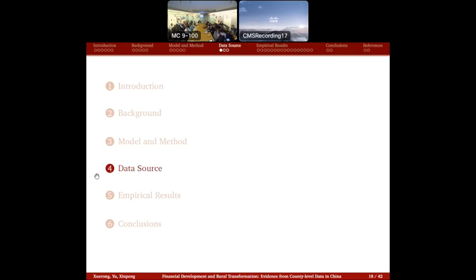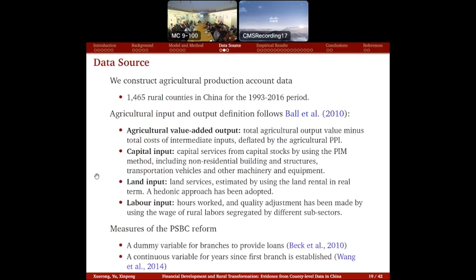And then about the data source, I would like to leave several minutes to show our data. About the agricultural production county data, we use rural counties in China for this period.